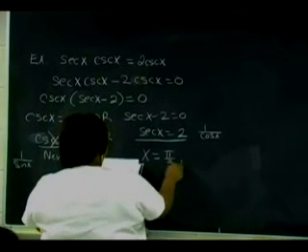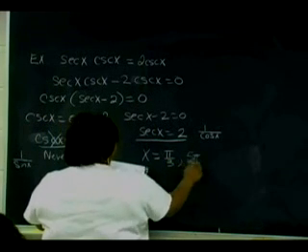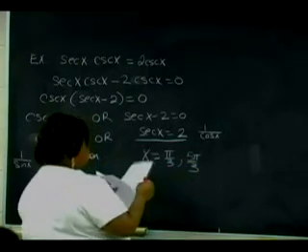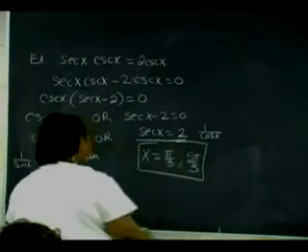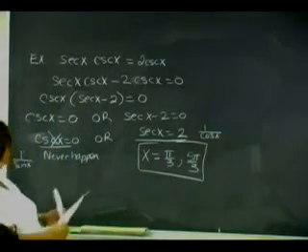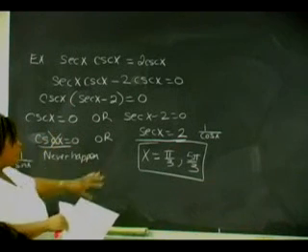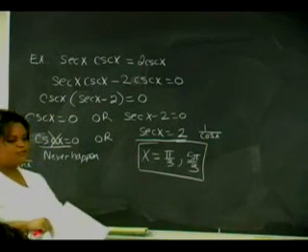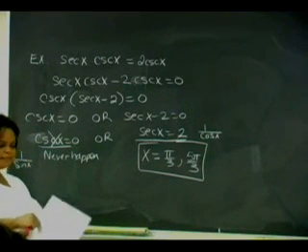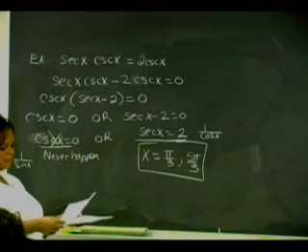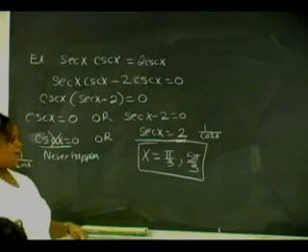Pi over 3 and what? And 5 pi over 3. So these are my solutions. Just because this didn't lead me anywhere does not mean I don't have solutions because I have 2. Does that make sense? All right.